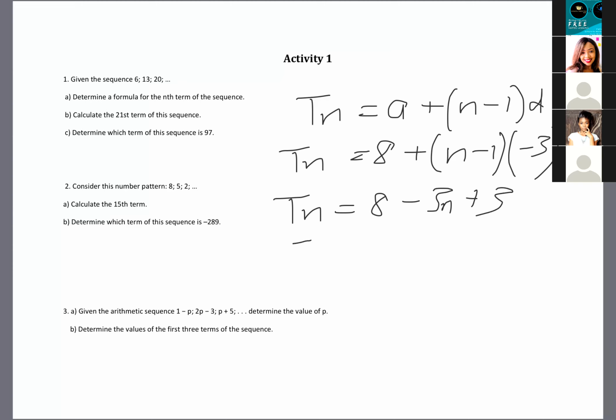And then you're going to say Tn is equal to 11 minus 3n. So now, since we have this, we can calculate what our 15th term is going to be. Please do that for me and give me the answer. Okay, ma'am.